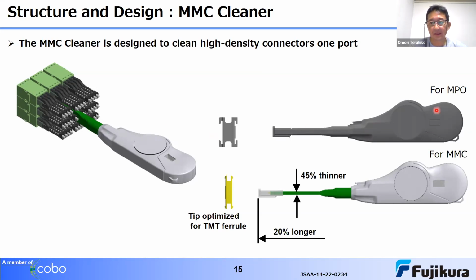This is an MPO cleaner, and this is an MMC connector. The MMC connector has a thinner and longer nozzle, and this cleaner can clean the connector for the high density MMC connector.